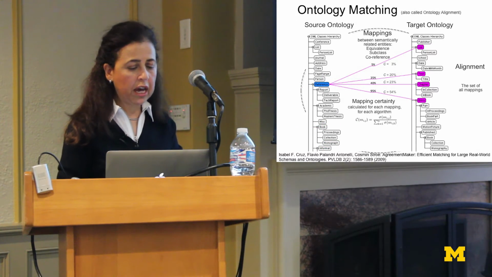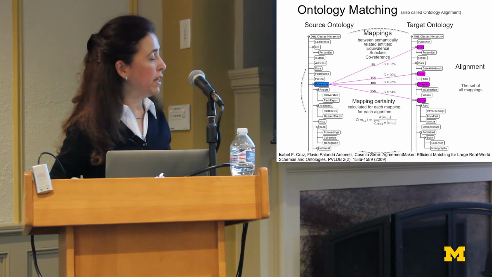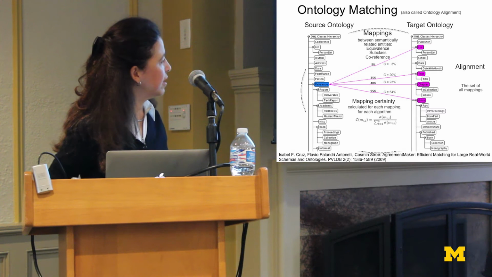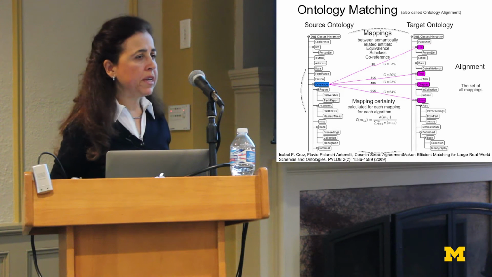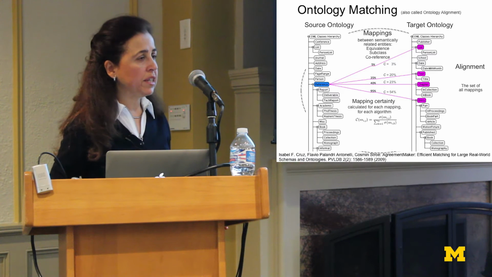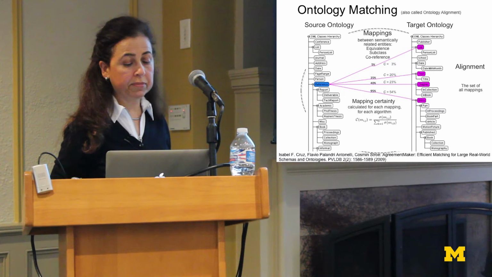We base those comparisons on a measure of similarity, and there are many such measures: syntactic, semantic, structural, and then also there will be an uncertainty, as I already mentioned, associated with these similarities, so these mappings between concepts.